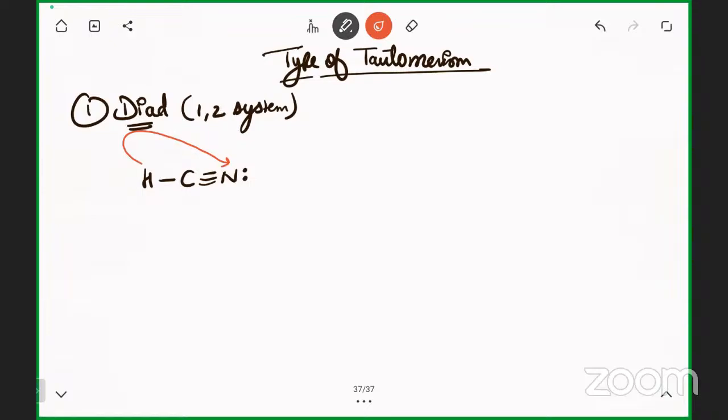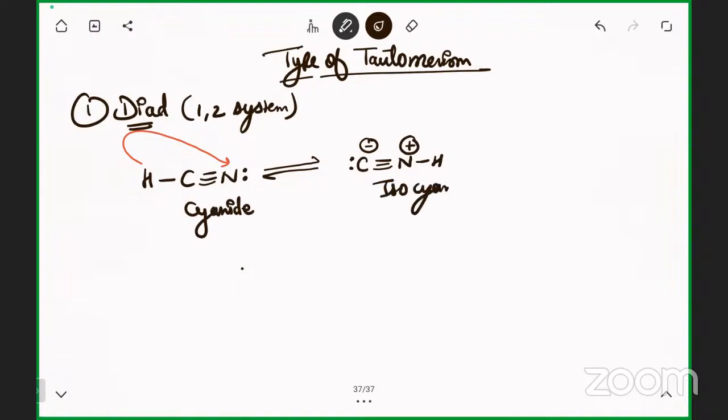Now the compound formed will be C with a negative charge triple bond N, with nitrogen having a positive charge, as the hydrogen migrated to the nitrogen atom. This is cyanide. This is isocyanide.